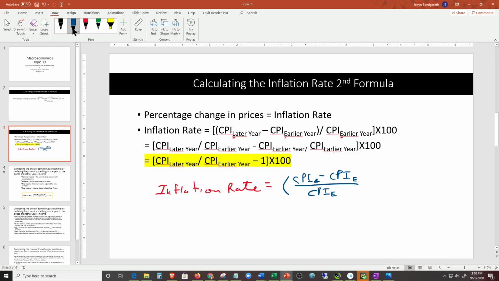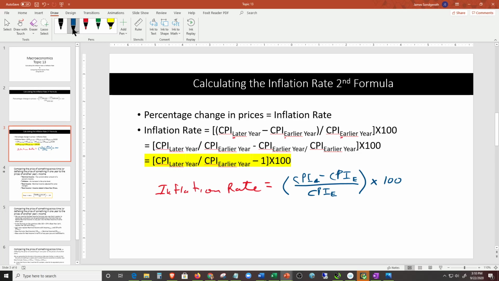So basically the change in the index number over the original index number, that gives you a ratio, basically a percent, if you multiply it times 100, okay? And so that's, I just understand it better written like that than typed out.